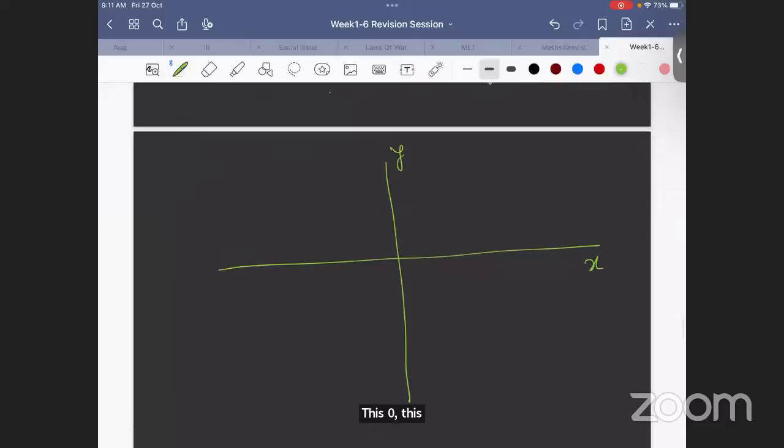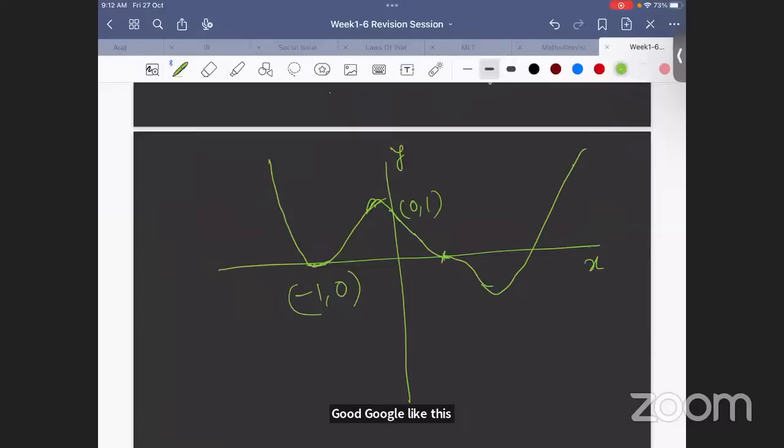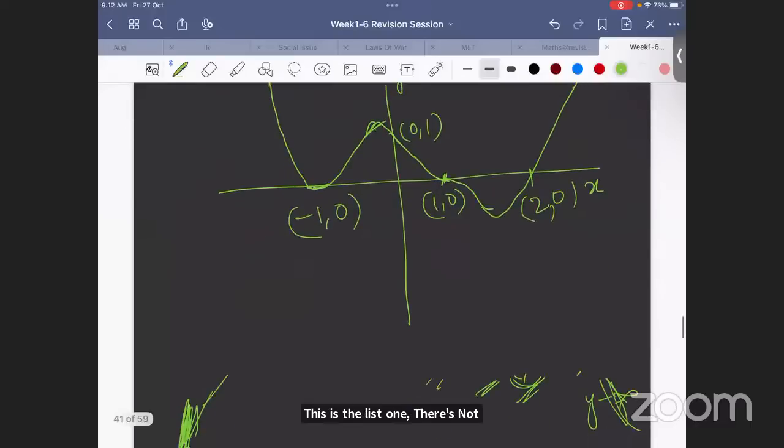This is the y-axis. It goes something like this, touches here, comes here. 0, 1 is here. You have minus 1, 0 here. It goes like this. This value is 1, 0. This is 2, 0. Now tell me the polynomial equation.